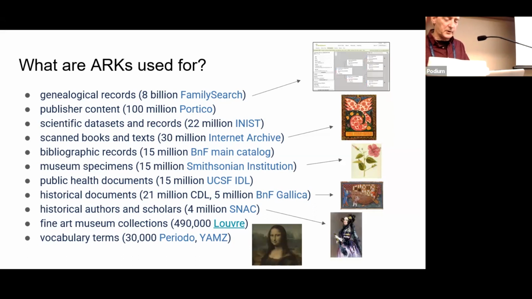Of course, there are ARKs for fine art. An important category is abstractions and concepts used in the semantic web. So things like diseases, vocabulary terms, time periods, these all get ARKs.